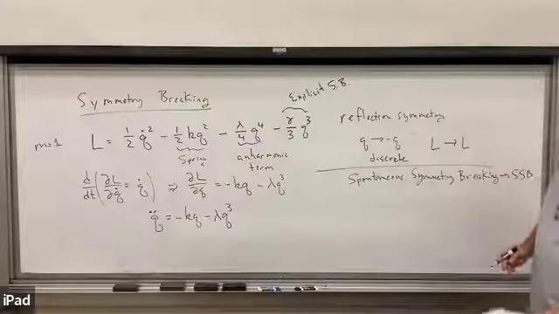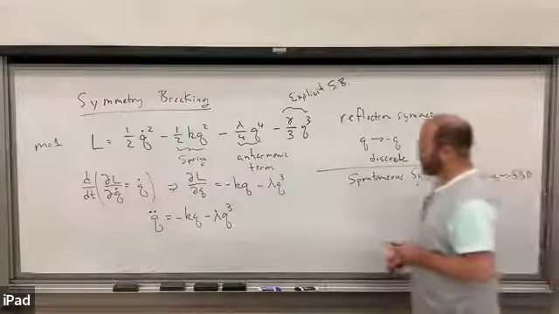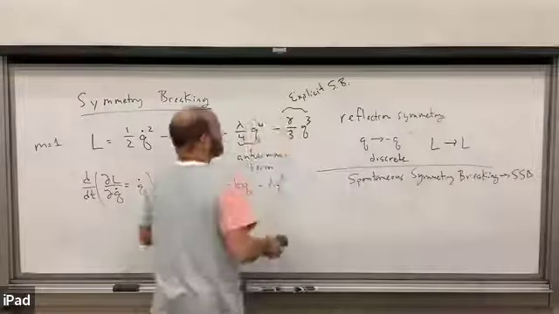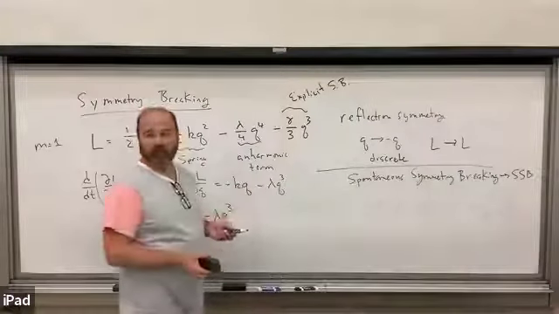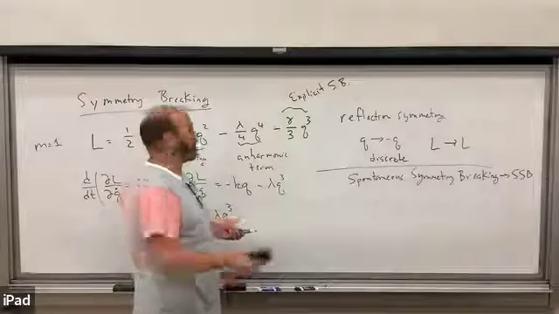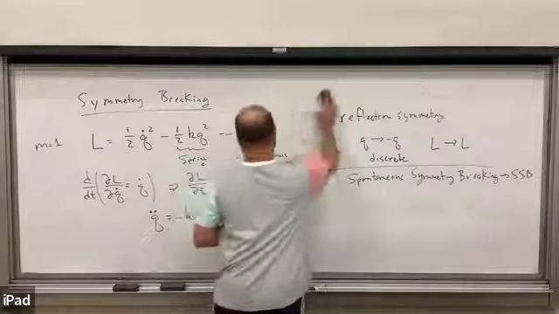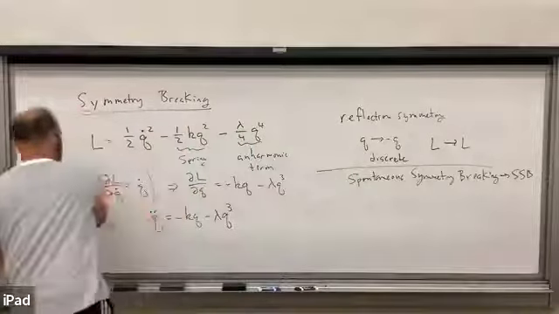Let me do this by erasure. Explicit symmetry breaking is kind of dumb, right? You can break the symmetry by putting stuff in by hand. But let's do something more clever.